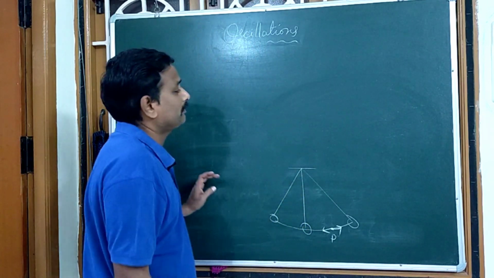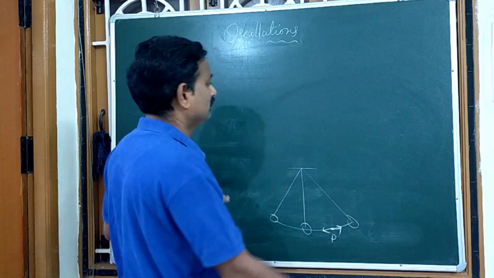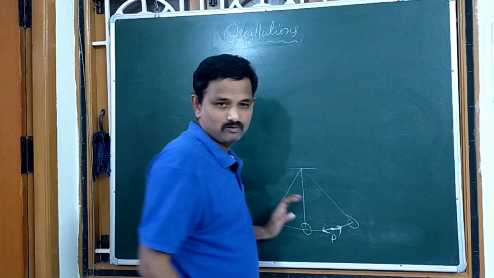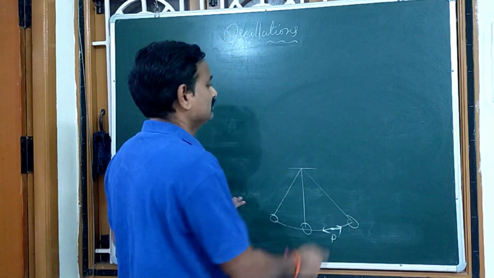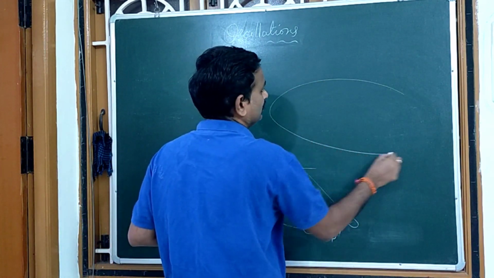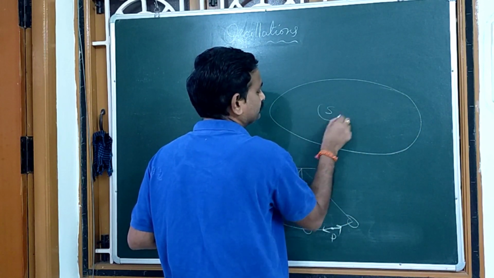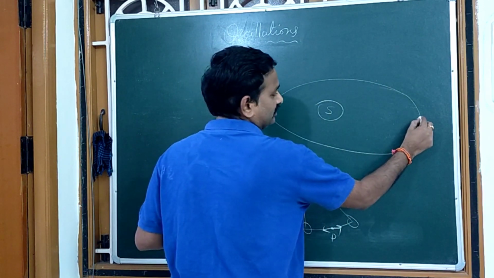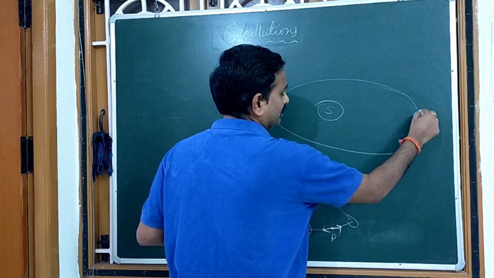But if you observe periodic motion, for example the motion of Earth around the sun, look here: Earth is revolving around the sun.